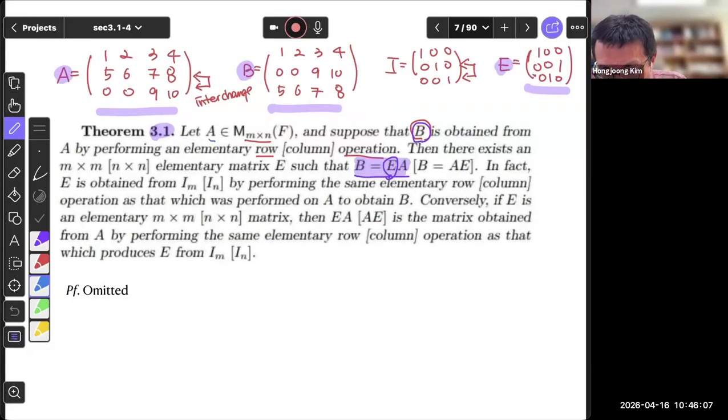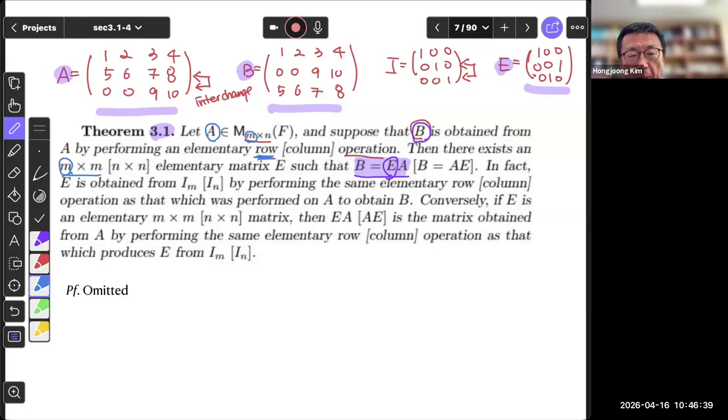So given A, any m by n matrix, suppose that B is obtained from A by performing a certain elementary row operation. Then you perform the same elementary row operation on an m by m identity matrix. In the case of row operation, the size of the identity matches the number of rows.